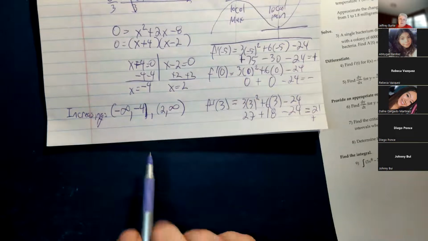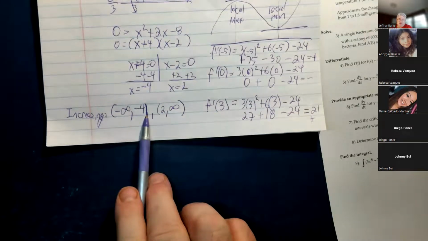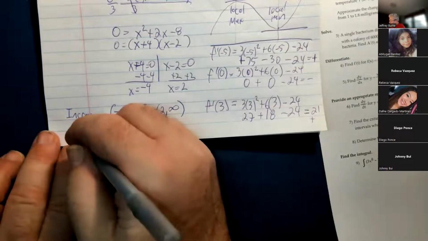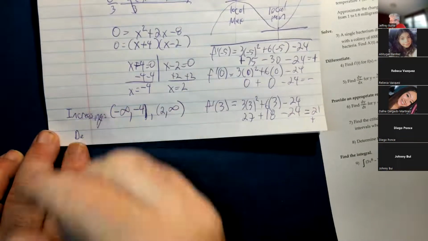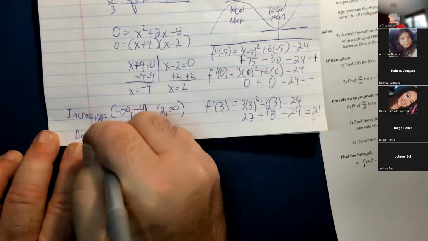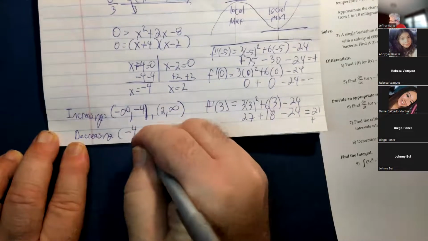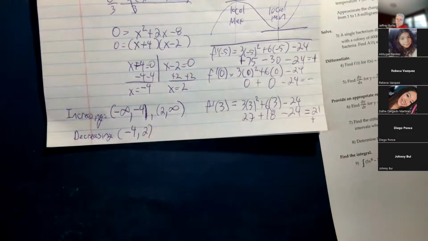Notice here, I'm not putting any brackets because at the value of -4 and at the value of 2, the slope is 0. So it's not increasing or decreasing at those points. Where is it decreasing? On the interval between -4 and 2.